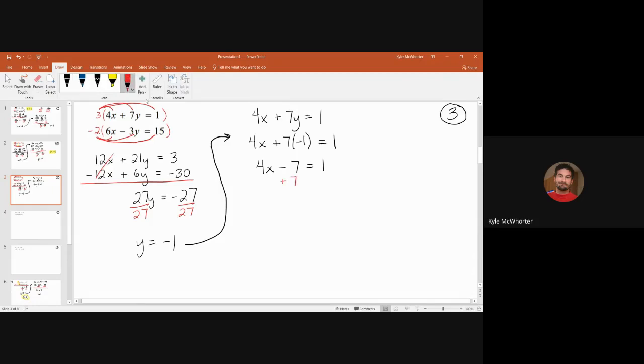Then I'm about to add 7 to both sides of the equal sign. So then I get 4x equals 8. Oh, we're getting closer. This is golden. Divide both sides by 4. And x equals 2. So our solution is 2, -1.